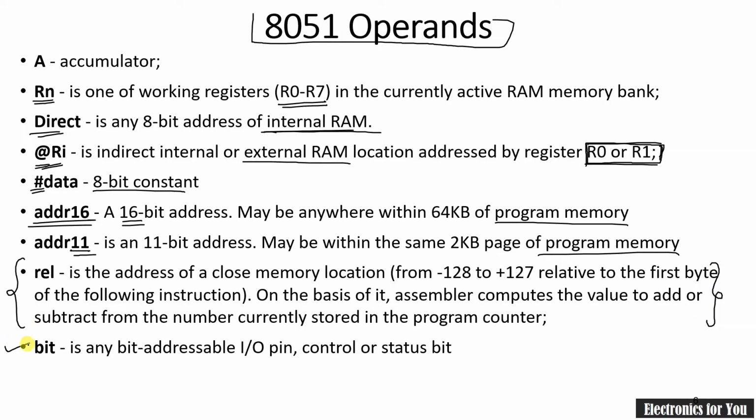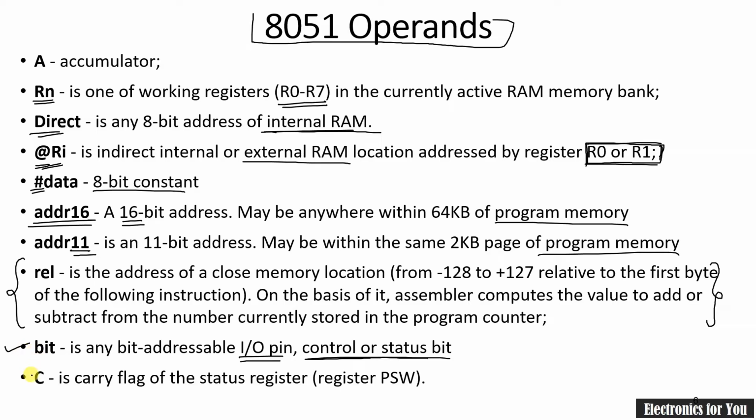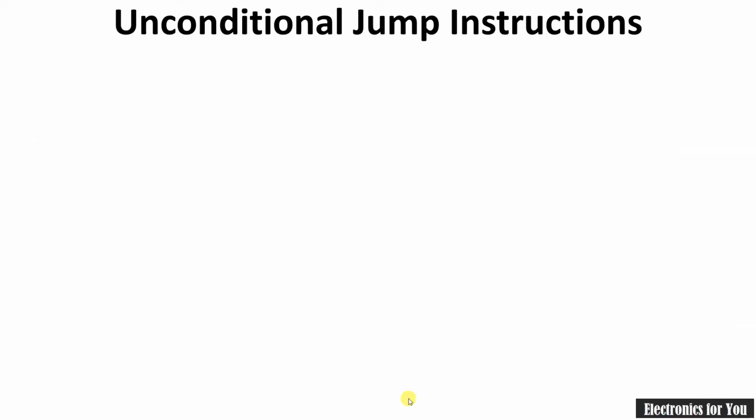The next one is bit, which means any IO pin or special function register bit which can be set or reset. And C stands for the carry flag in the PSW register, that is, the program status word register. So these are the operands which can be used in our instructions.